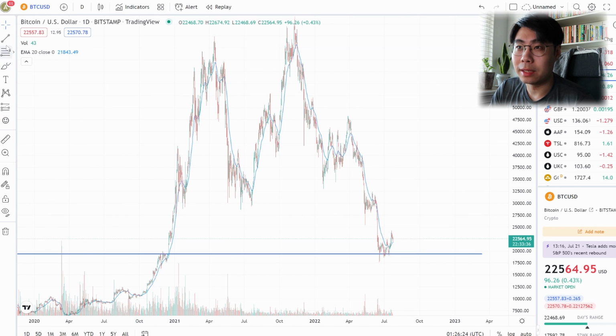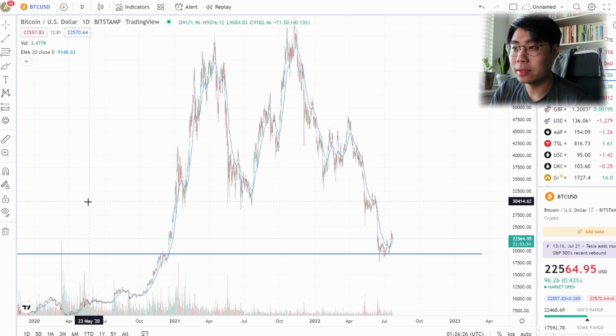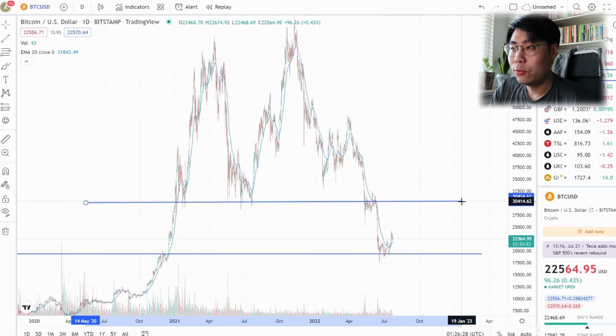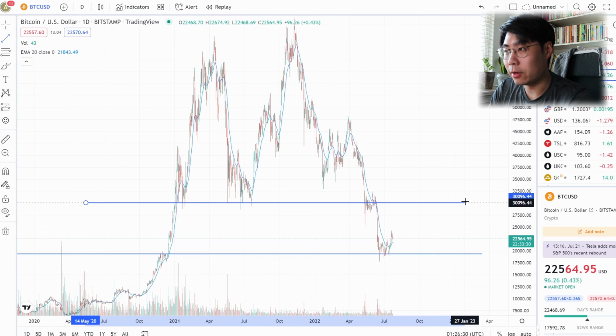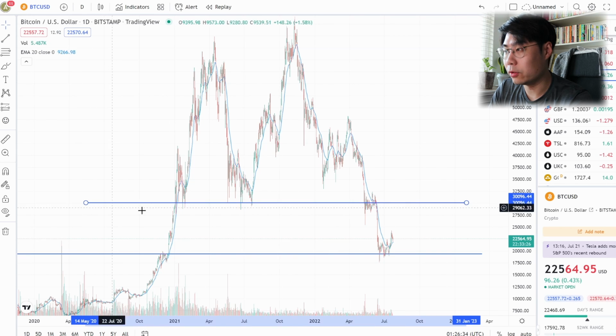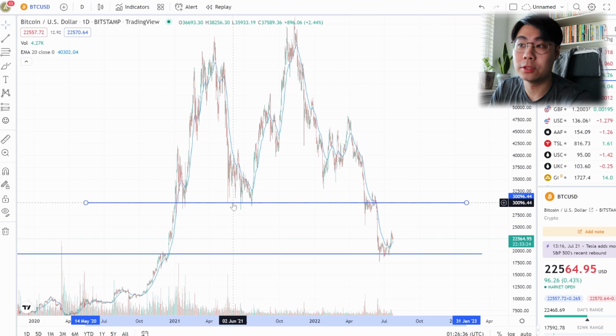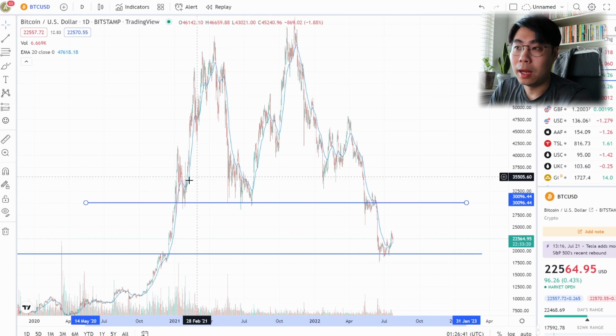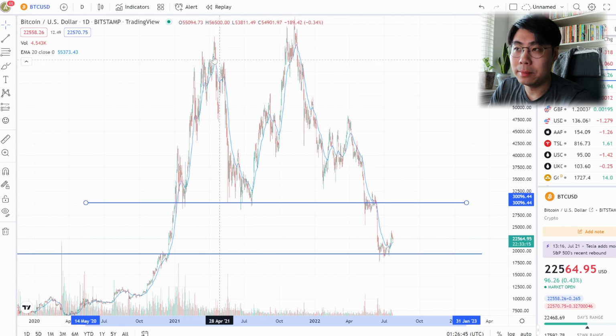Support is probably more interesting right now because the price is dropping. The trend line that I just drew around 30,000 was a major support because the price has dipped to it twice, and both times it has bounced back up dramatically.